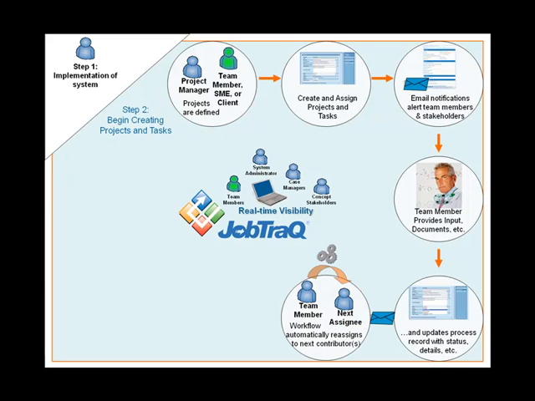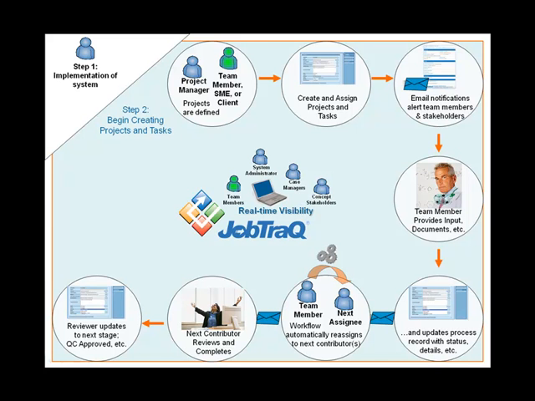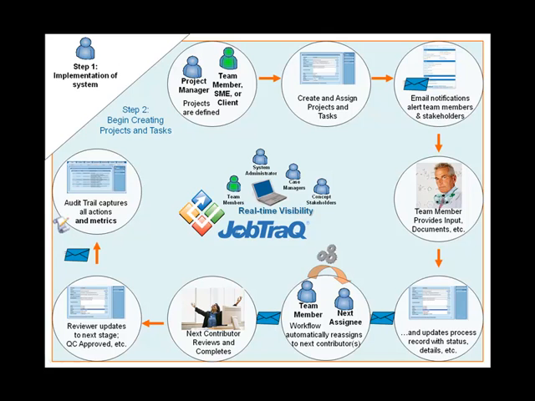JobTraQ's workflow engine will automatically reassign the task to the next contributor, and notifications will go out. The next contributor reviews and completes their step in the workflow and updates to the next stage. Notifications are sent out, and the audit trail captures all actions and metrics.